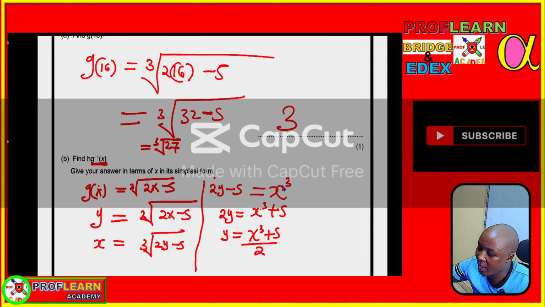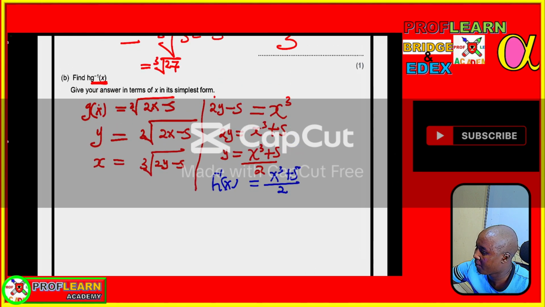With this value, we shall say g inverse of x is basically x cubed plus 5 over 2. So that becomes our inverse function.